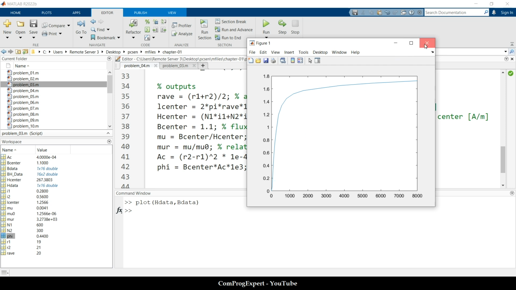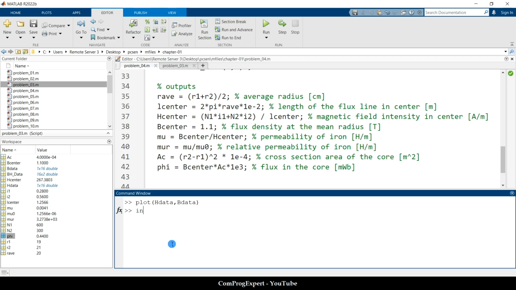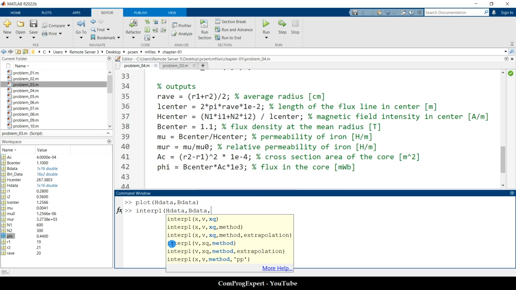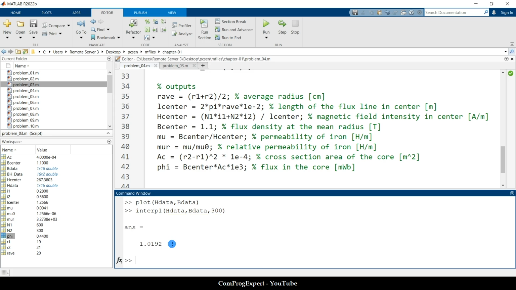We can use this function, interp1. This is one-dimensional interpolation. H data, B data, and the value of the H that we are going to do interpolation for. For example, if I write here 300, the value of the B is equal to 1.01.